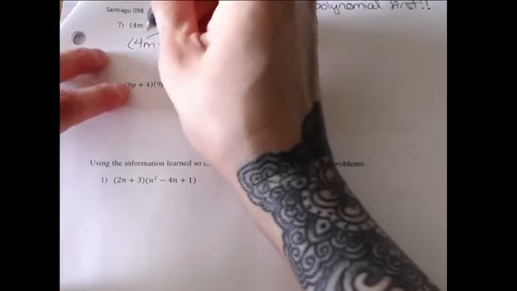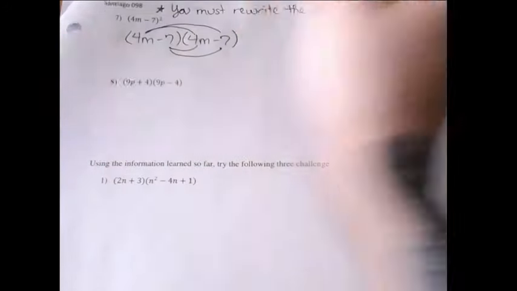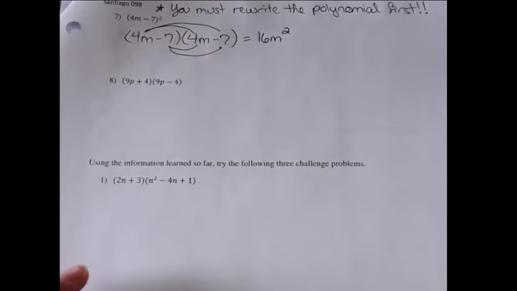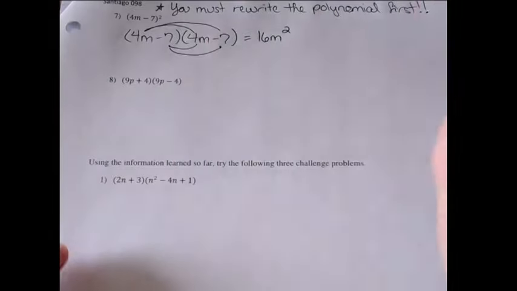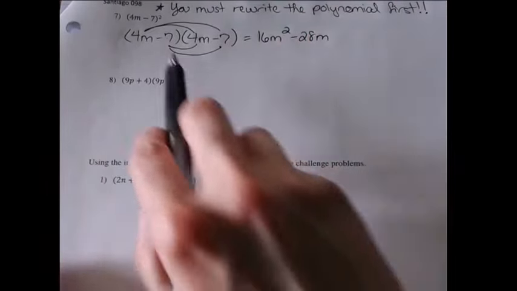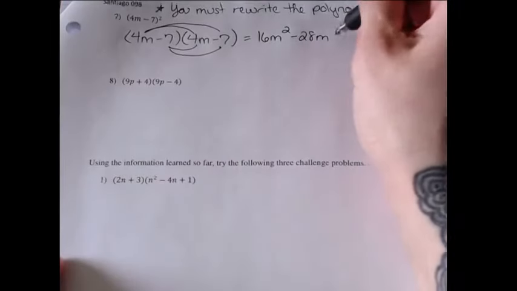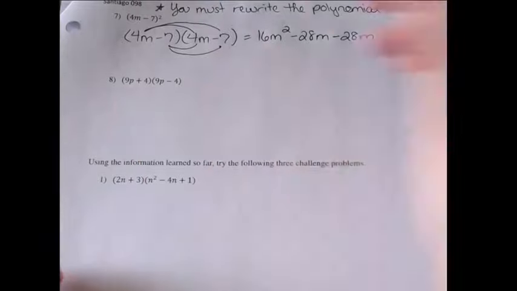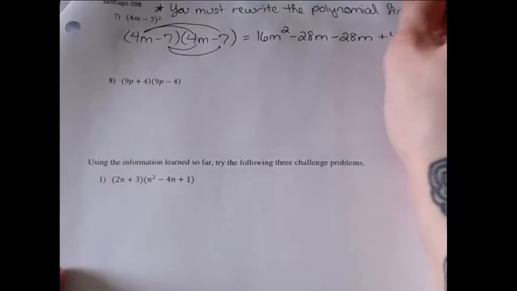We are going to draw our lines of distribution, right? Pretty sweet. 4m times 4m, that's 16m squared. 4m times a negative 7 is negative 28m. Negative 7 times 4m is negative 28m. And negative 7 times a negative 7 is positive 49.